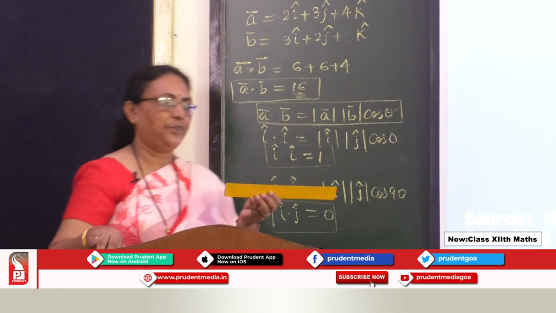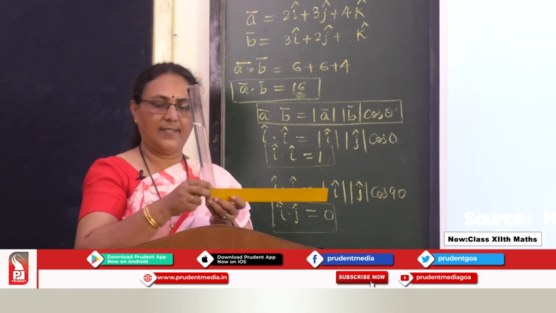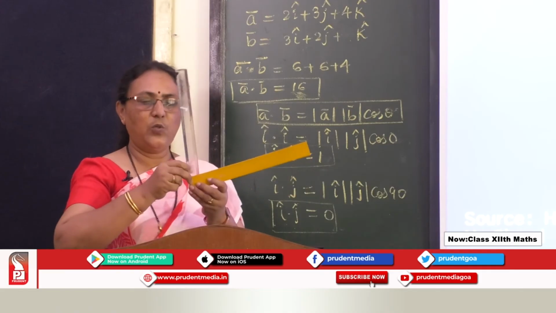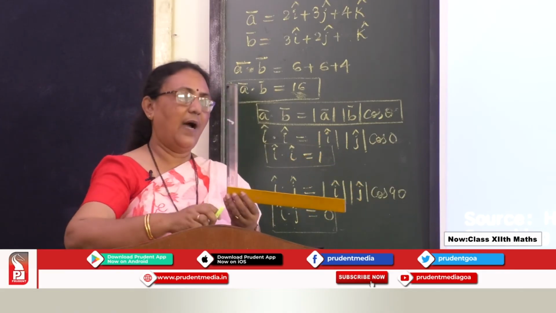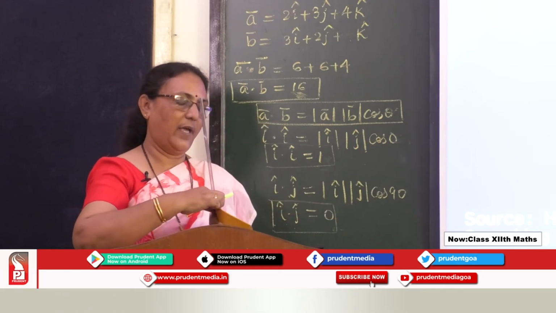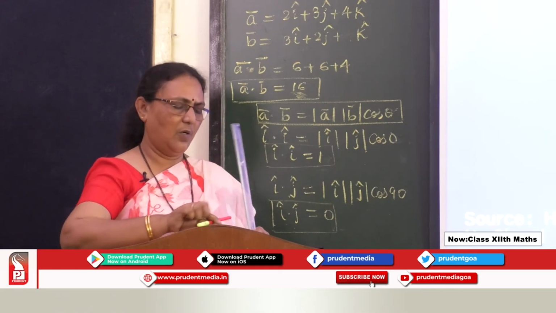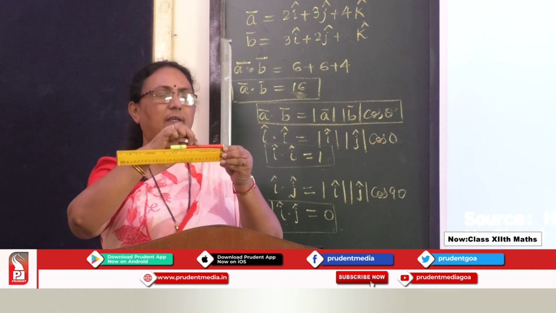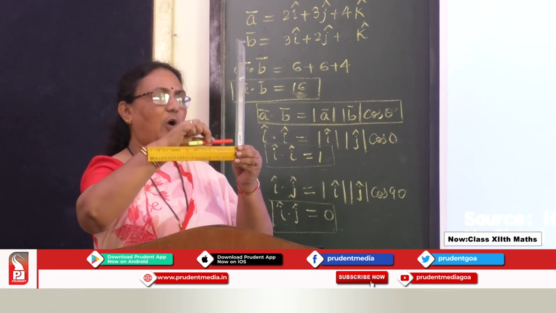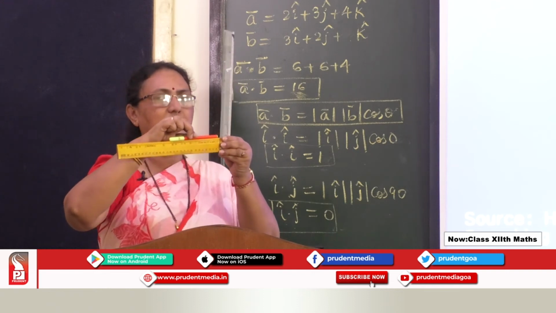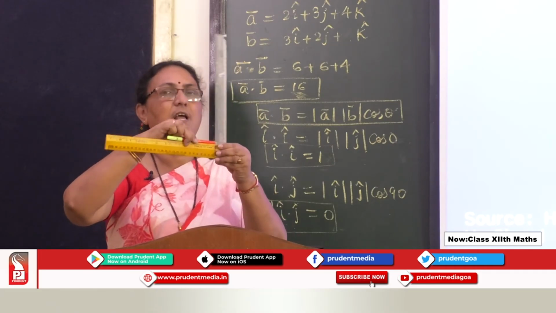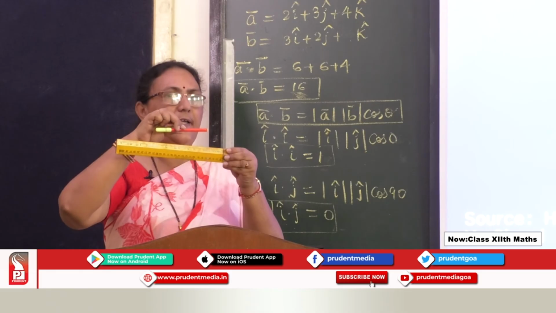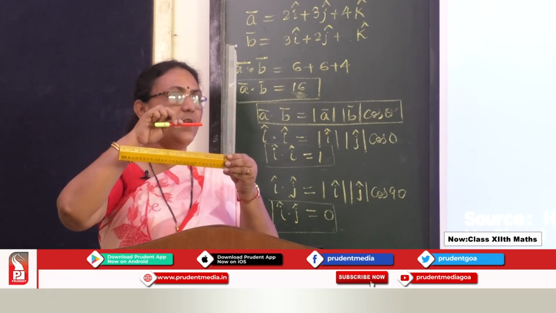See here, this is the x and y axis. i is a unit vector along the x axis. i dot i, both are on the x axis only. Suppose this is a unit vector along the x axis. What is the angle between i and i? The angle between this and this will be 0.